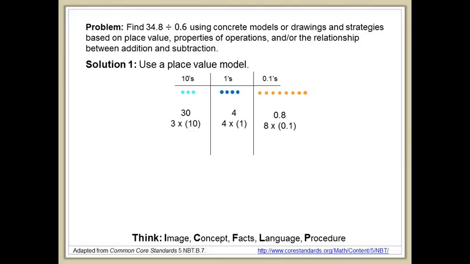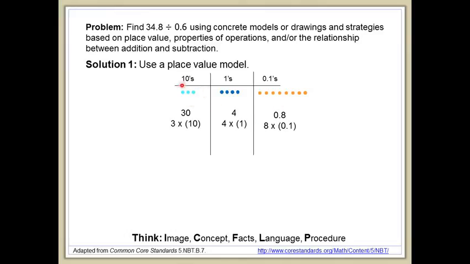But what the student needs to understand, and this is getting into the place value understanding here, is that each dot here represents 10 of the units to its right. So this is 10 0.1s. One of these dark blue dots is 10 0.1s. And one of the light blue dots is 10 ones, or 100 0.1s.